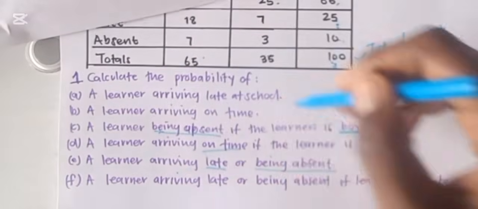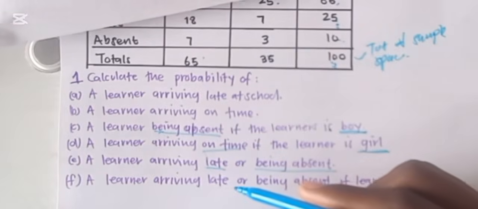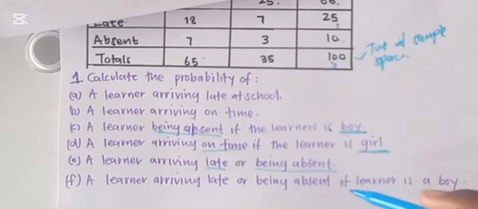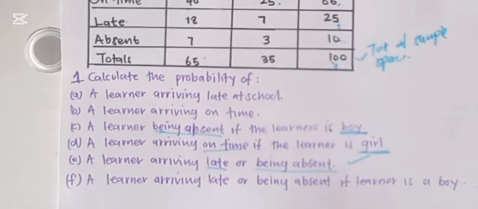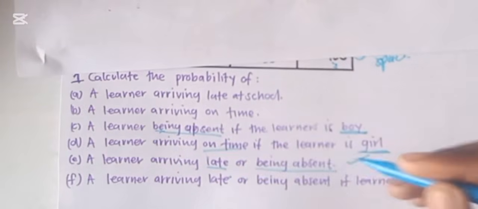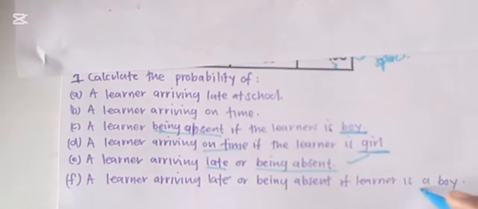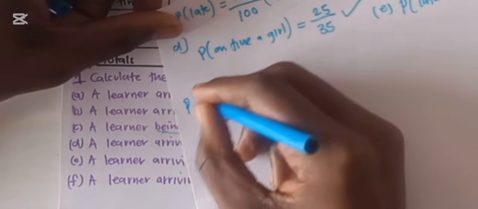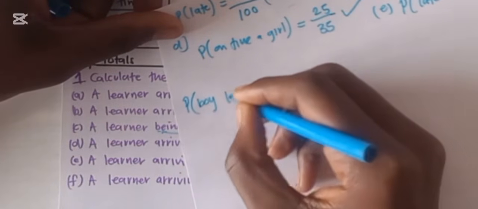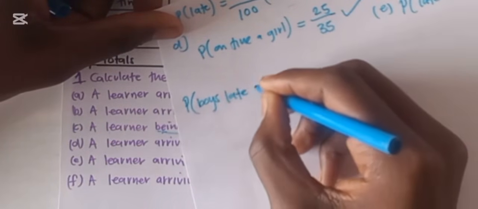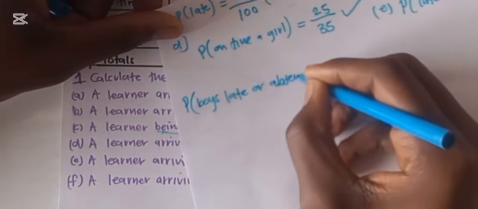So going to the last question. They want to calculate the probability of a learner arriving late or being absent if the learner is a boy. This question is the same as the previous one, but here they added a condition that the people who are late and the people who are absent are now boys. In other words, they just want the probability of a boy who is late or absent.